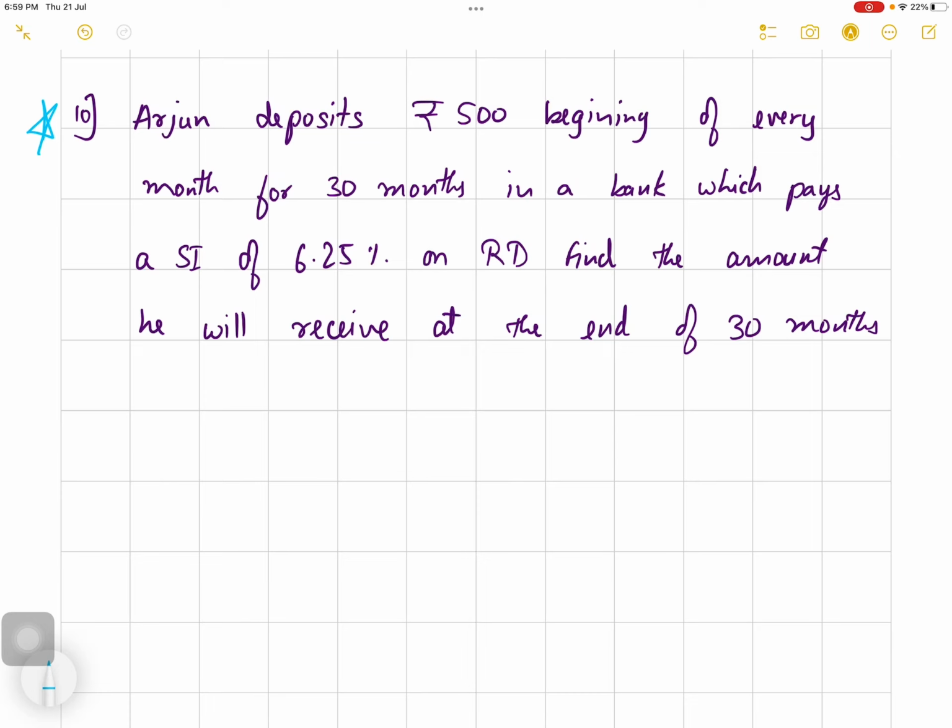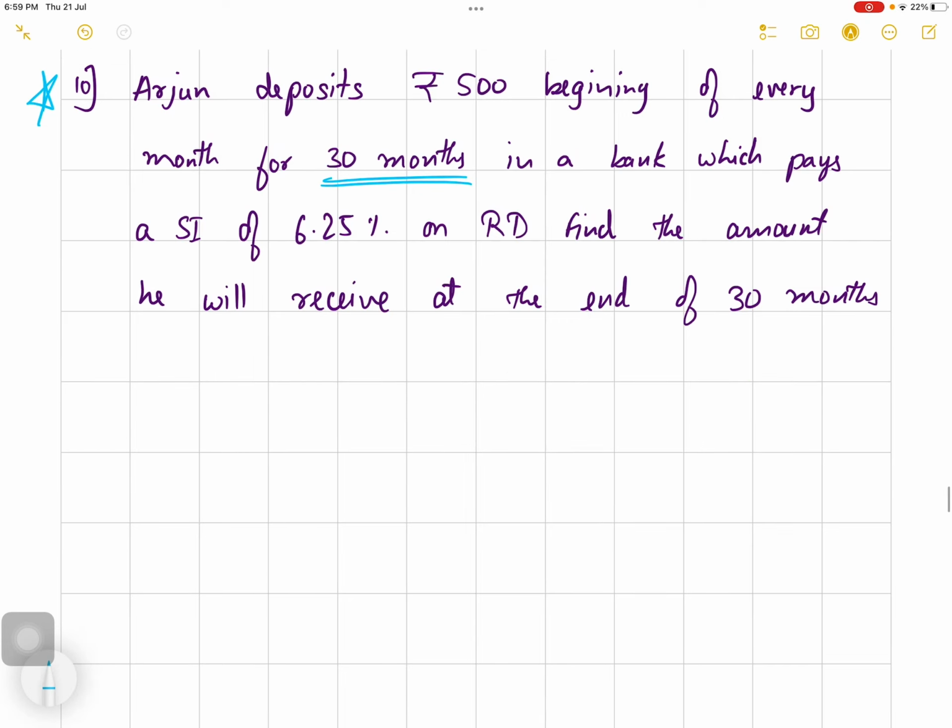So here what is happening? The investment is for 30 months. That means every month he is depositing 500, for 30 months. So this is month 1, month 2, month 3, month 4, month 5.